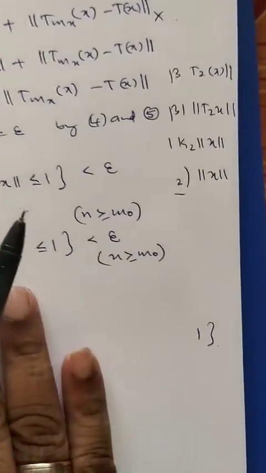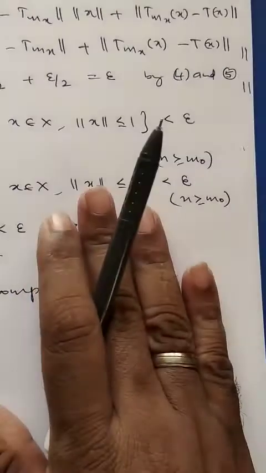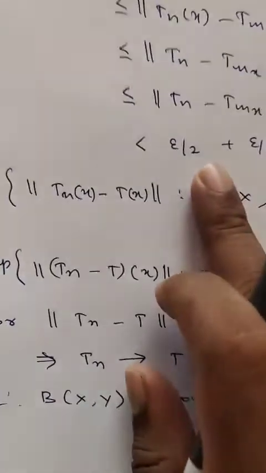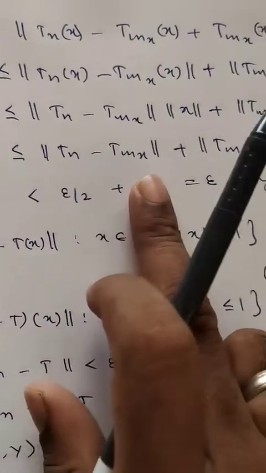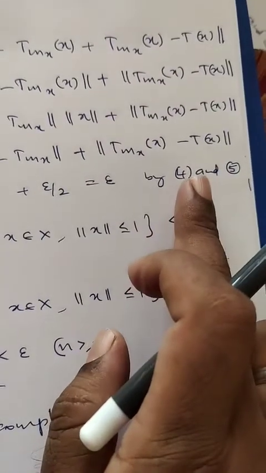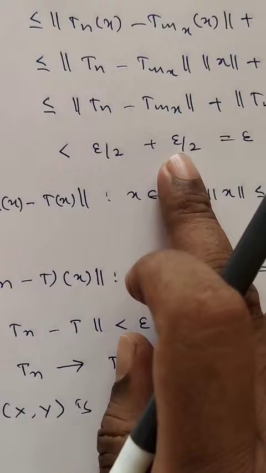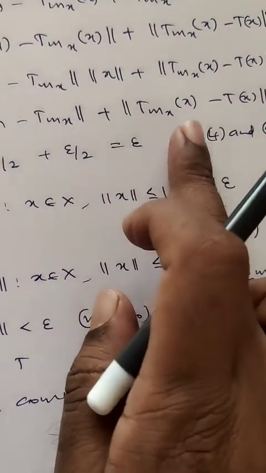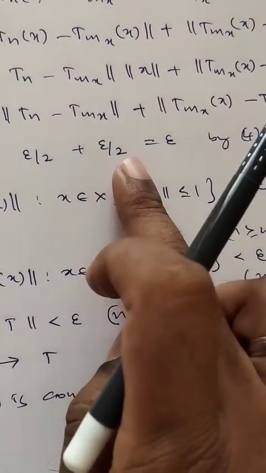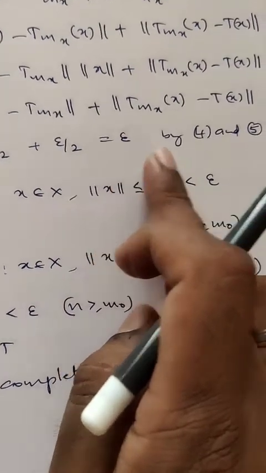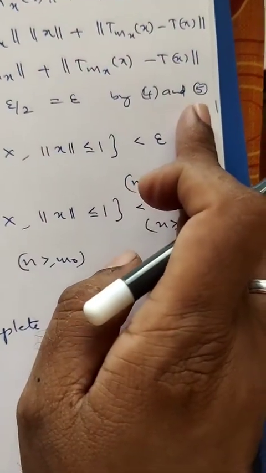Then this is the norm of Tn minus Tm of x plus this one. This is less than epsilon by 2, plus Tmx of x minus T of x is also less than epsilon by 2, which is less than epsilon by conditions 4 and 5.